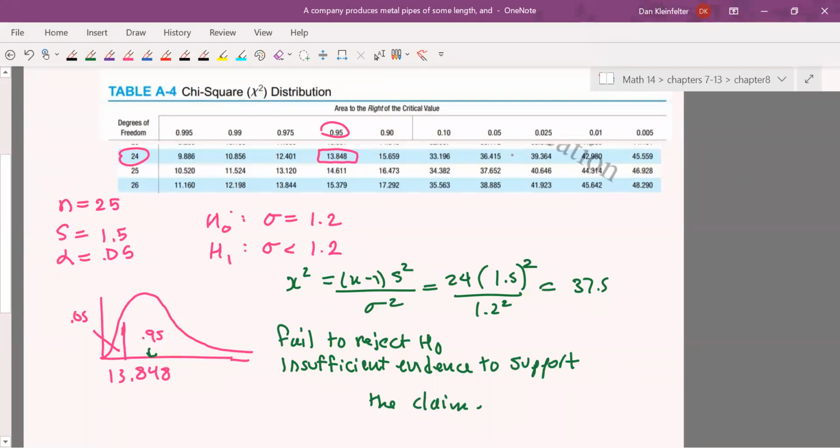So it looks like it would be right in here, in between 0.05 and 0.025. Remember, this is the area to the right.